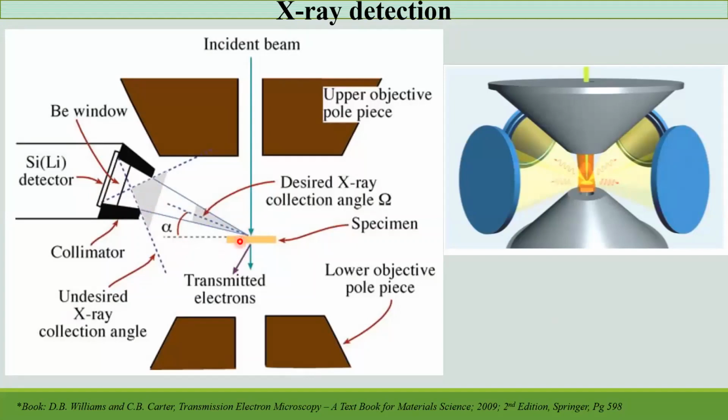But as I told you, you need to remember the electron beam is coming from here, so you cannot tilt it more than that. If you tilt it more, then the electron beam, which is coming in at a 90 degree orientation, will not have the possibility to interact with the sample, so the X-ray generation will be reduced.